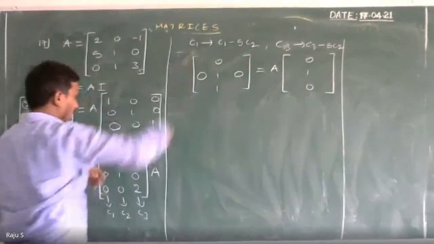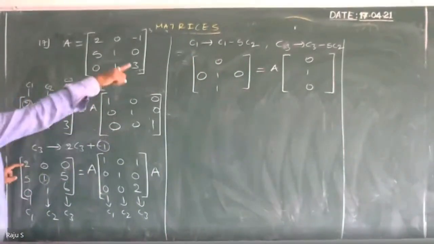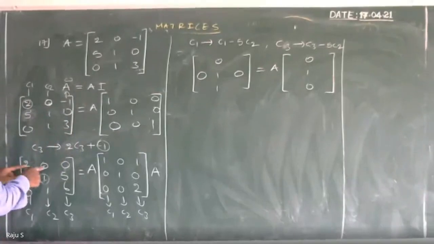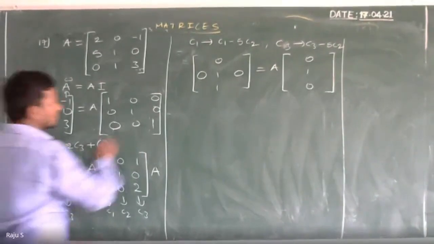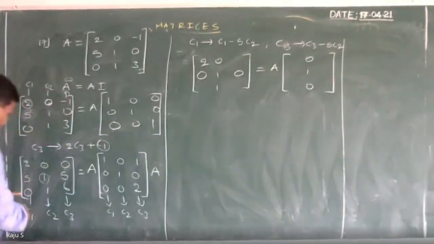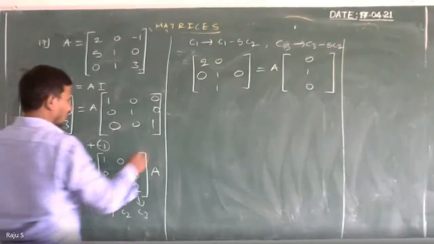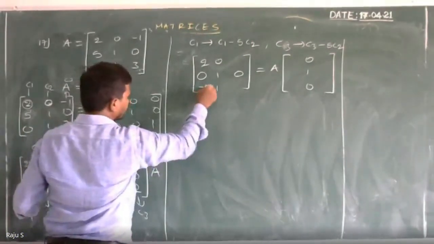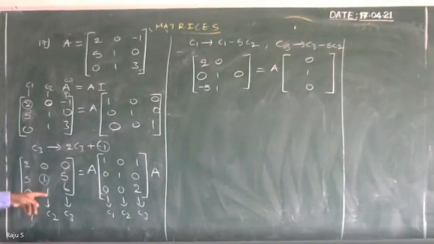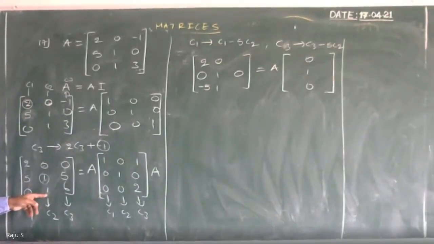Fine. Next, C1 value. So what is C1 minus 5C2? C1 is 2 minus 5 into 0. So this is 2. Next, C1 minus 5C2 means, shall I write minus 5? 0 minus 5 into 1, minus 5.